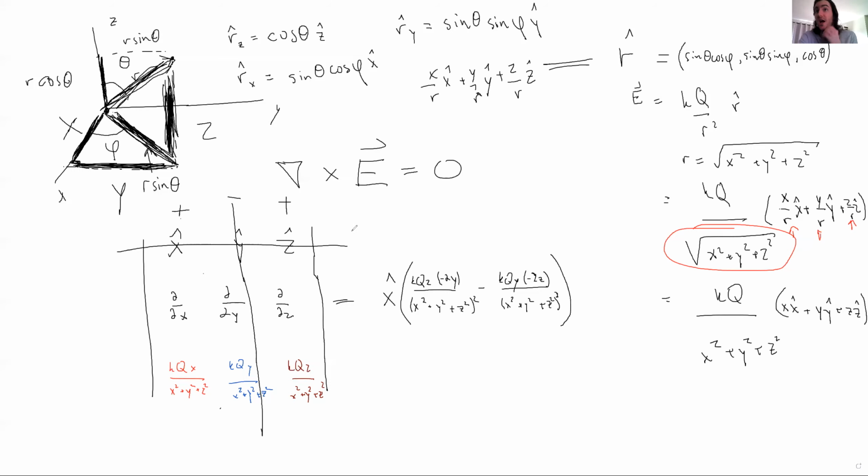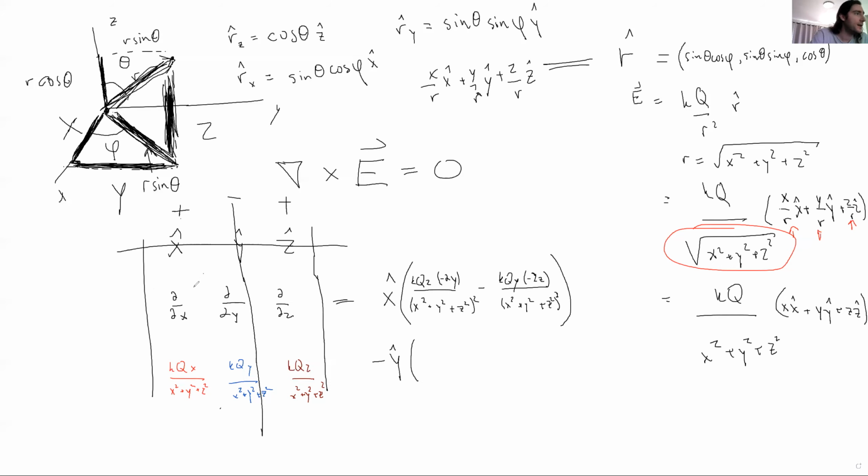It's just a rule that you have to remember for doing a cross product. So it's plus, then it's minus, then it's plus. So now it's minus y hat times, now we have to do the following.